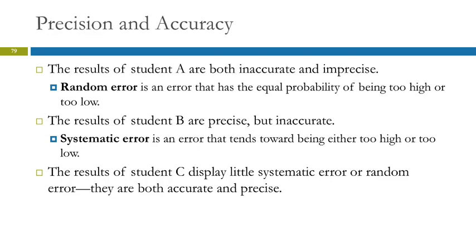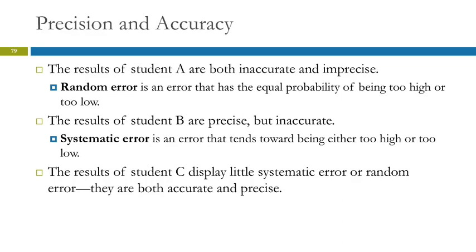So what can cause inaccuracy or imprecision? Random error is a type of error that leads to values not being very precise. Random error is an error that has equal probability of causing your value to be too high or too low. If we take a bunch of measurements where there's significant random error and we average them, because the error is random, we can expect that the ones that went too high kind of cancel out the ones that went too low.